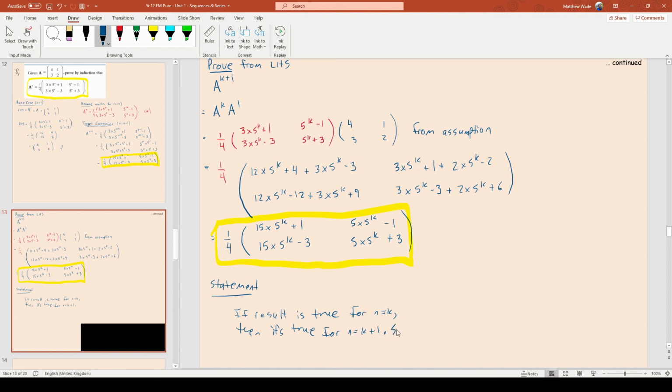But that means, since it's true for n equals 1, and the next step is true, it's true for n equals 2, and 3, and 4, and 5, and 6, and all positive integers.